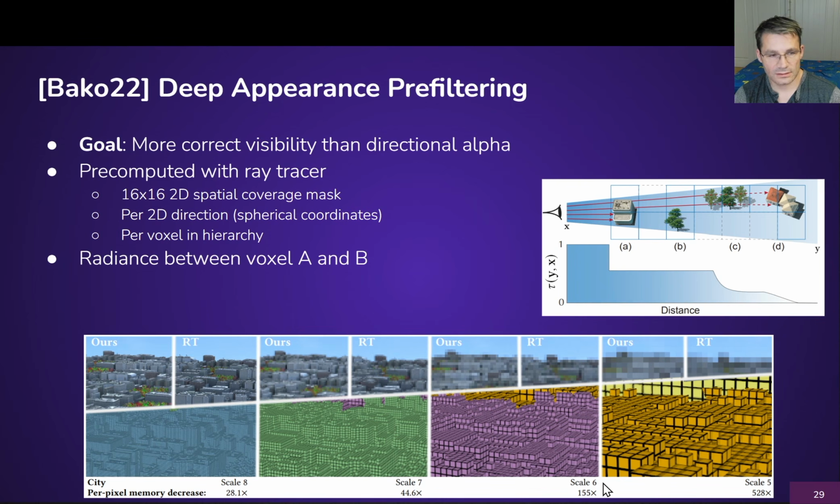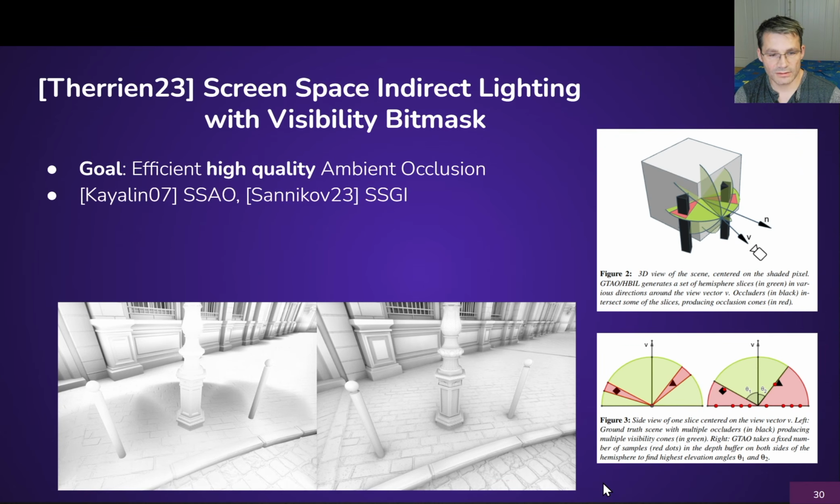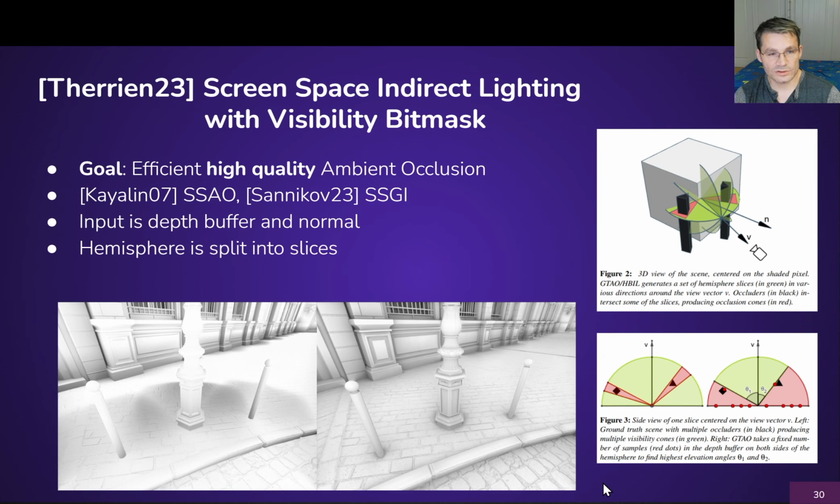And the coverage mask is used in a pre-computation here. This one is a screen space ambient occlusion method that has some quality benefits over another method that doesn't do that correctly. There are multiple methods of improving the quality, and that's one way of doing it, but it seems to be very useful.